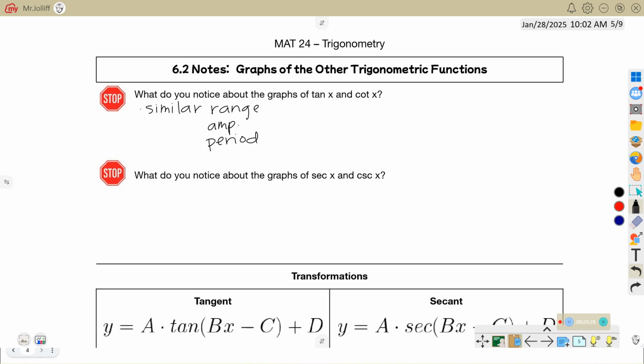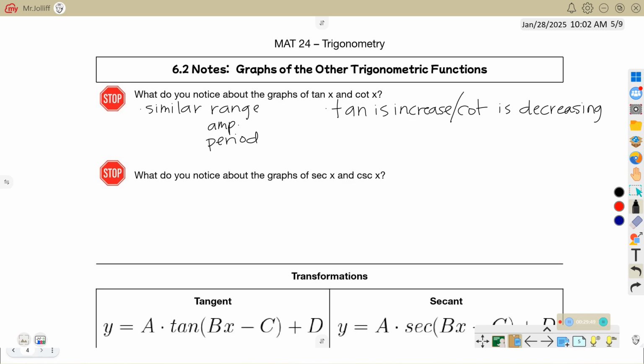Yeah, good. So tan is increasing, cotan is decreasing. Very good.